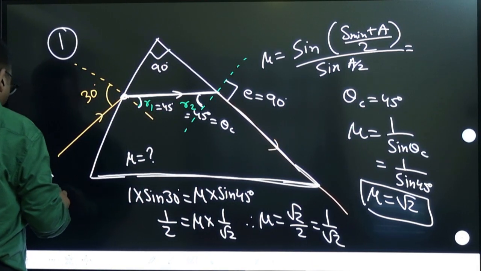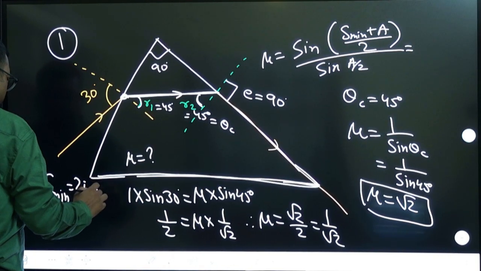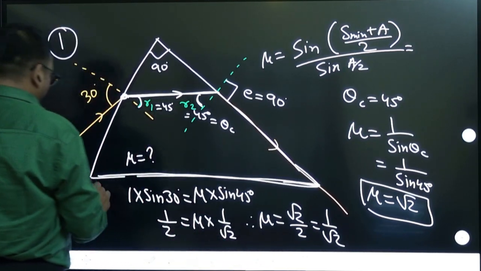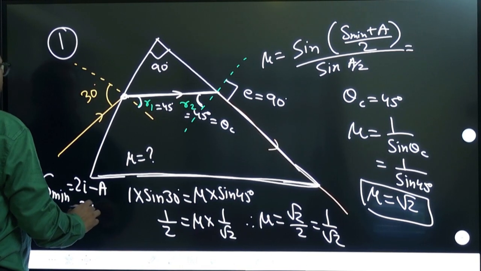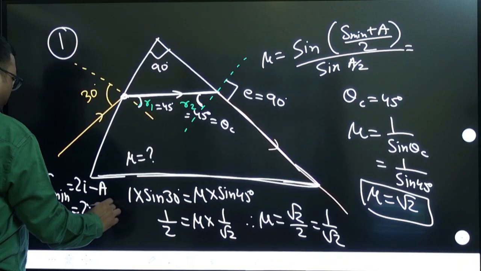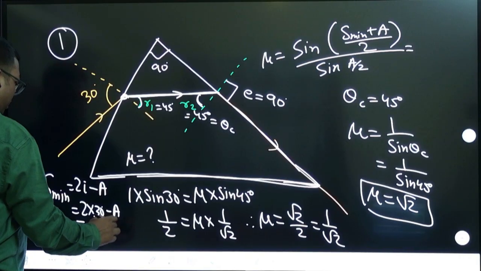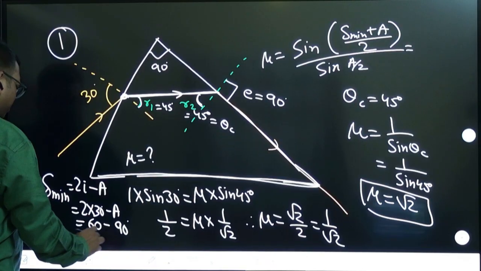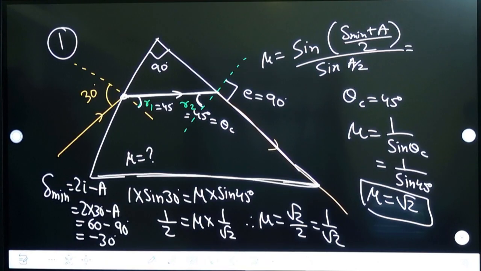Minimum deviation is 2i minus A, correct now? So 2 times i, which is 30 degree, minus A. So 60 minus A, which is 90 degree. So first of all tell me, this is coming negative now, correct? Negative is coming, right?